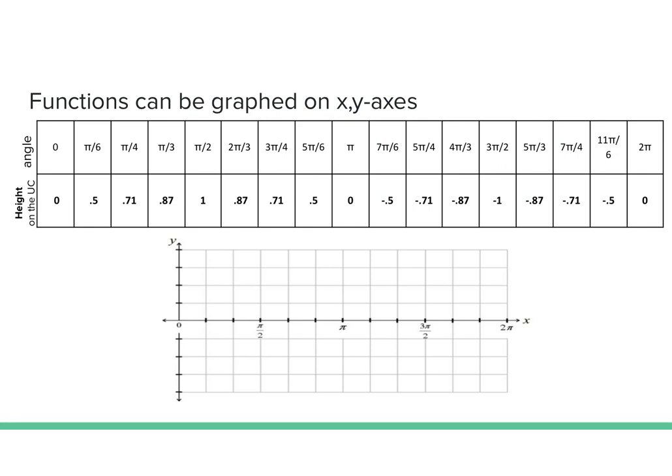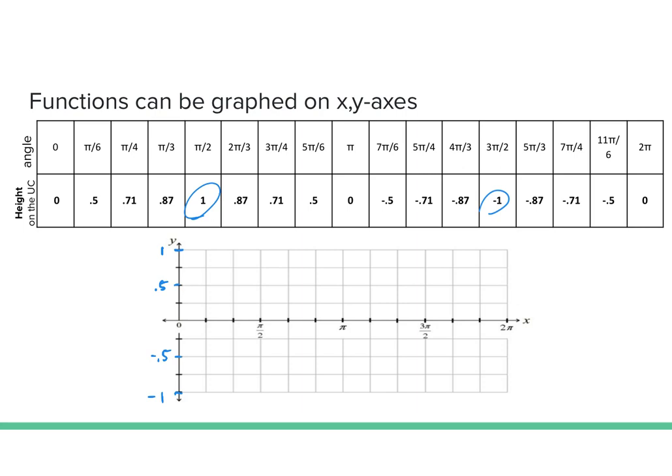Here's that same table again, and now I have some axes down below. Notice that my x-axis is labeled in terms of radians, 0 through 2 pi. I can identify that my maximum and minimum values are 1 and -1, so I can go ahead and make this a 1 and this a -1, which leaves me with 0.5 and -0.5 halfway across, and I can just start graphing.